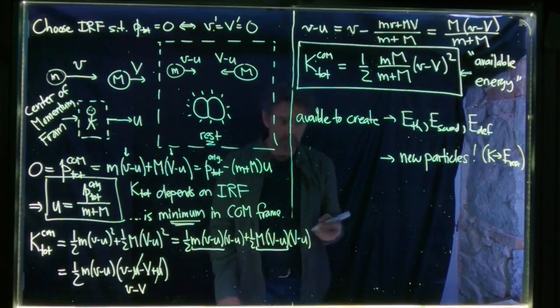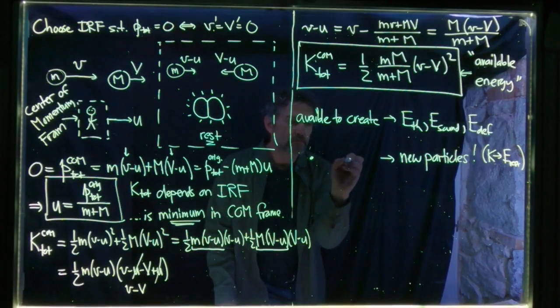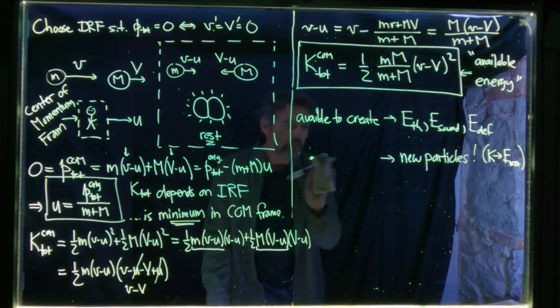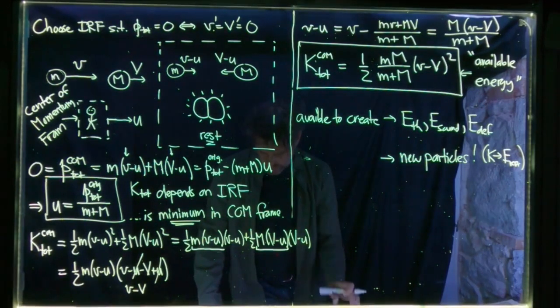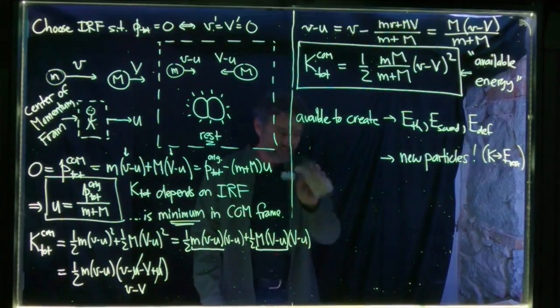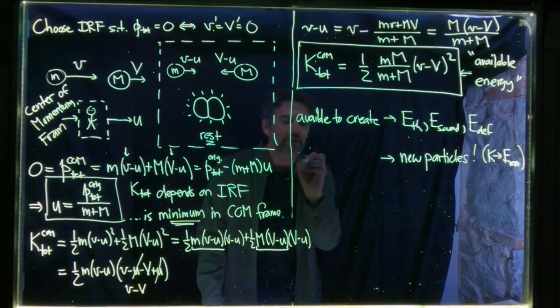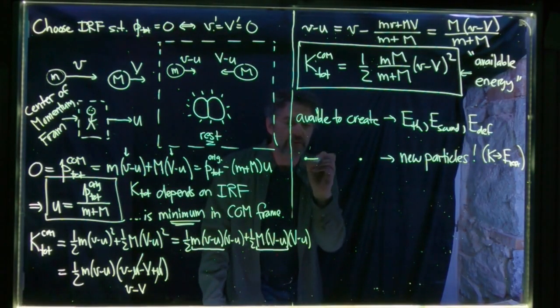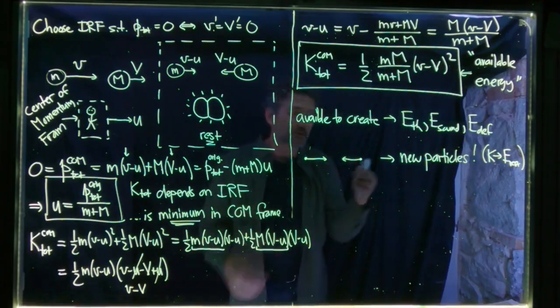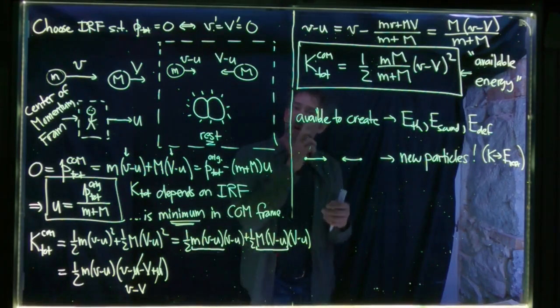A typical example, the simplest possible example, is we have two low mass particles moving fast. Lots of kinetic energy, and they come and undergo some kind of collision process, some kind of interaction, and it can happen in that interaction.